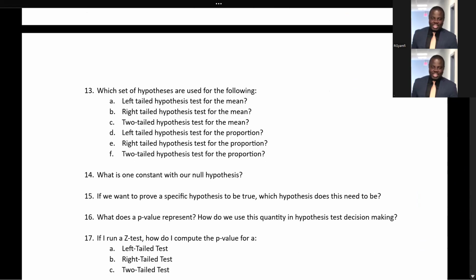13. What set of hypotheses are used for the following? A left-tailed hypothesis for the mean. So here, remember that a left-tailed hypothesis really comes from the alternative hypothesis.